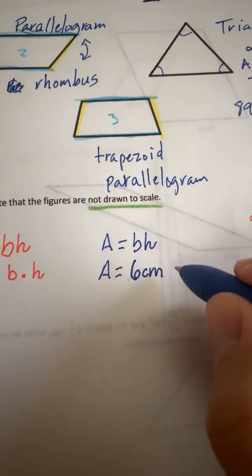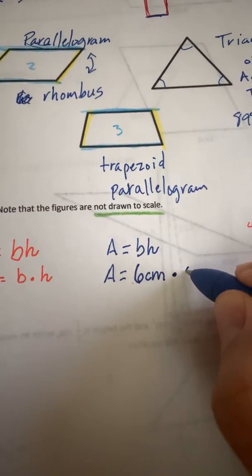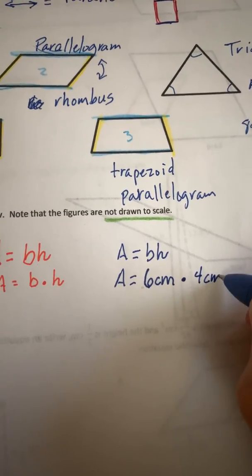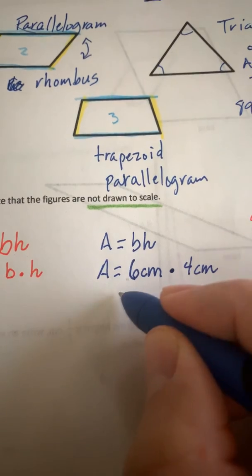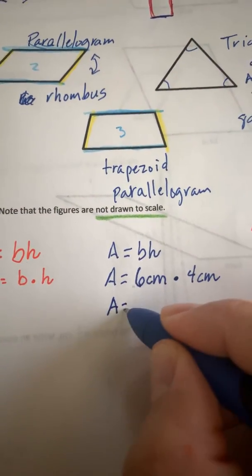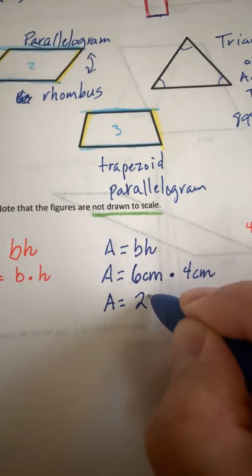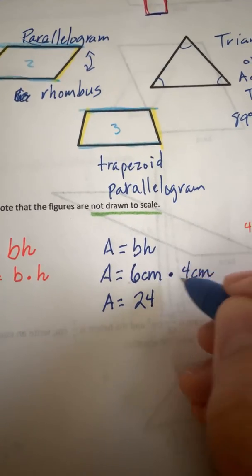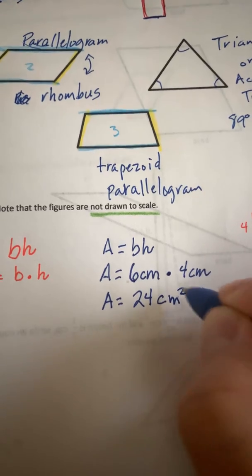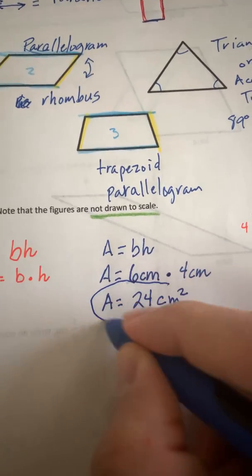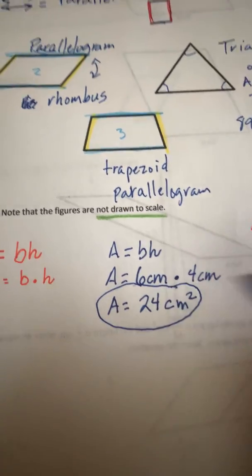So I'm gonna multiply that 6 centimeters times 4 centimeters. Now we can multiply the 6 and the 4. A equals 6 times 4 is 24. And centimeters times centimeters is centimeters squared.